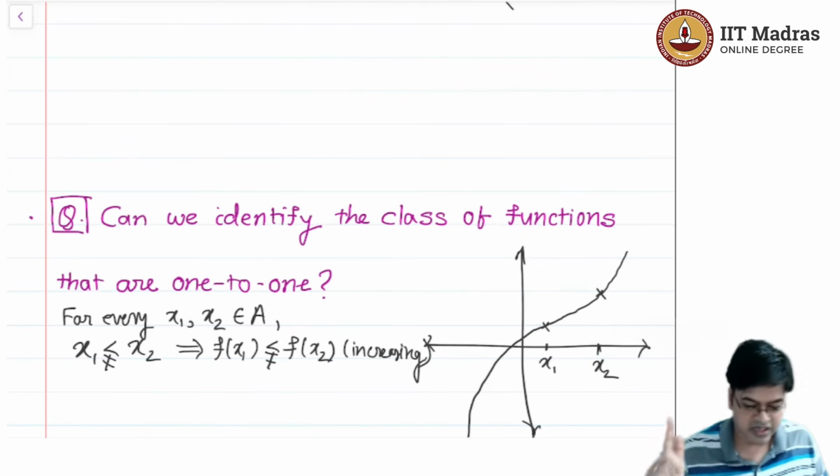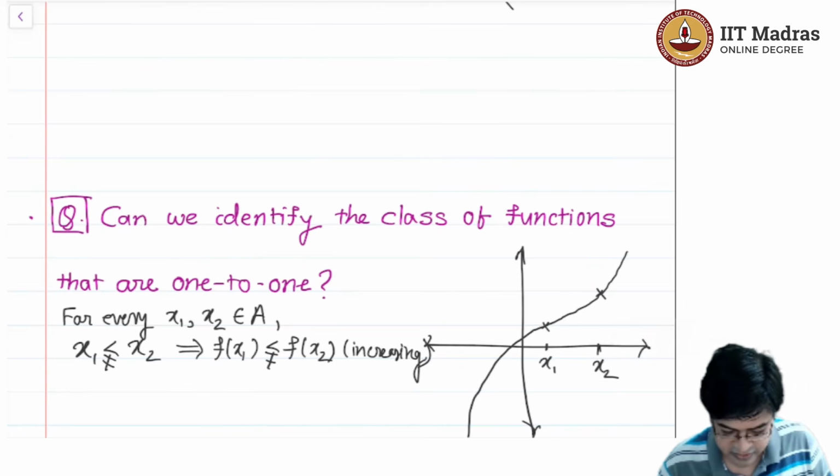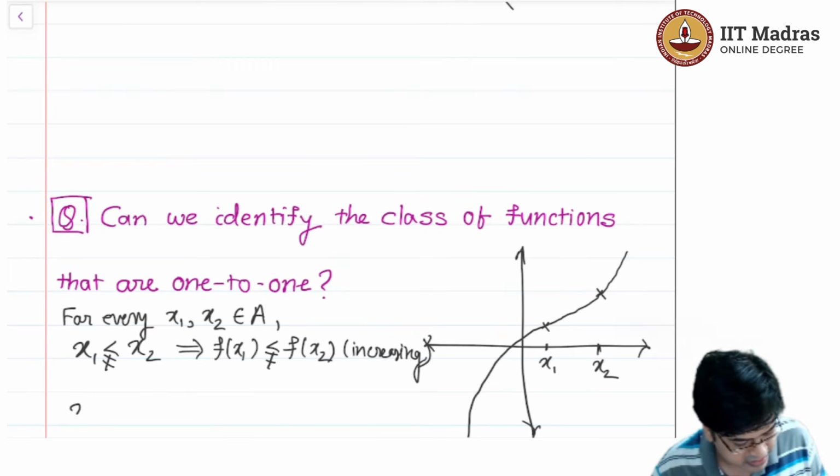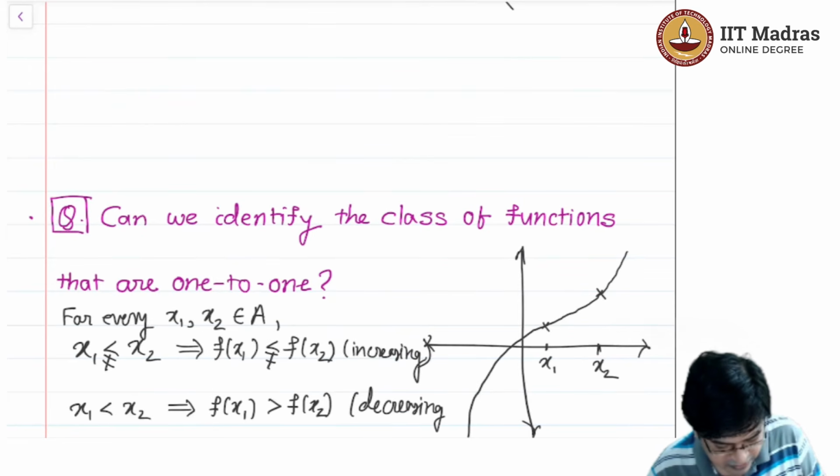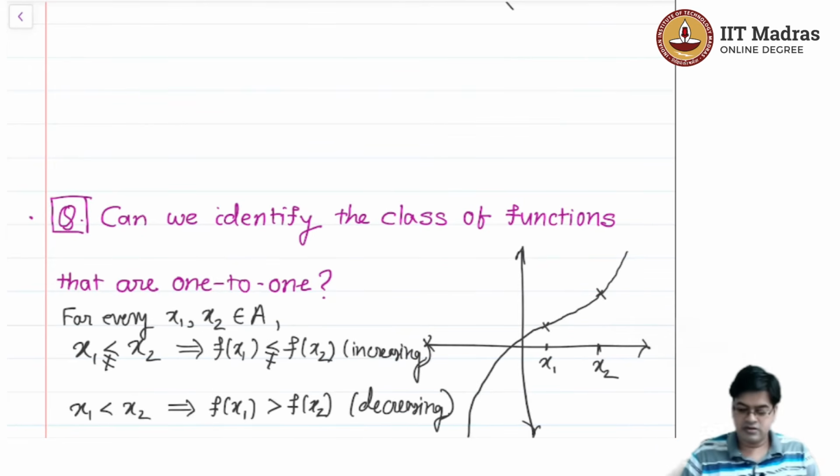In a similar manner, if I multiply this function with a minus sign, then I will get a decreasing function, which can be written as x1 less than x2 implies f of x1 greater than f of x2, and this is called a decreasing function. Now look at any increasing function and apply your horizontal line test. What is the horizontal line test?